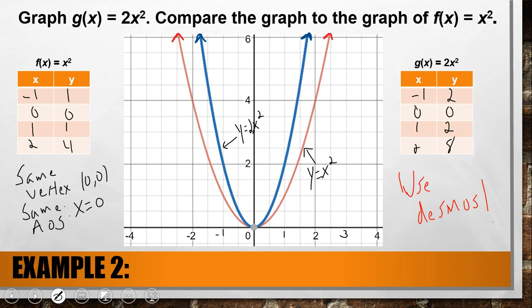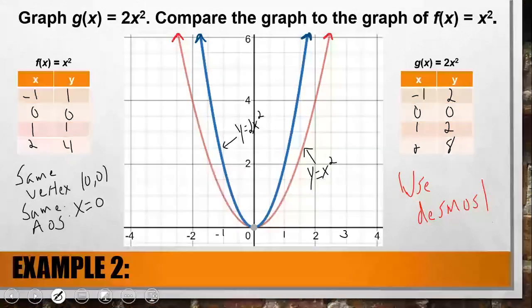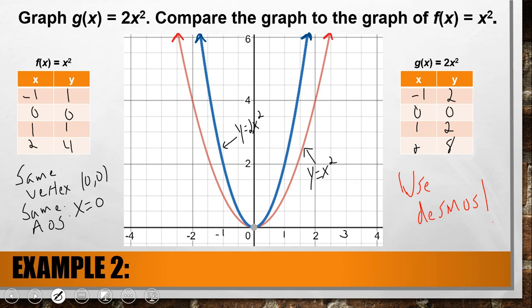We know they both have the same domain of all real numbers and the same range of y is greater than or equal to 0. So what's the only thing that's different? This is a vertical stretch. My new blue graph is narrower than the old parent function.